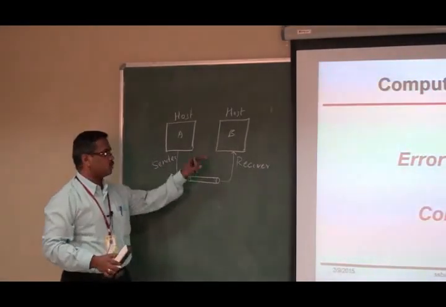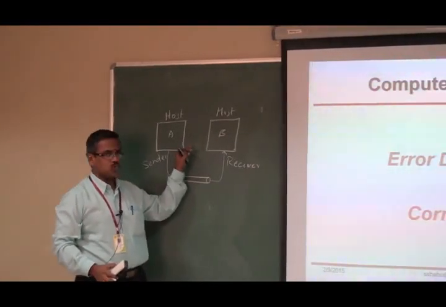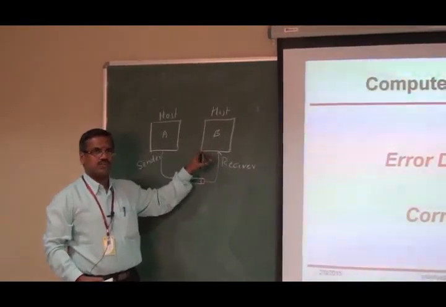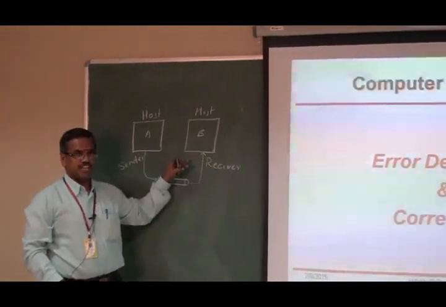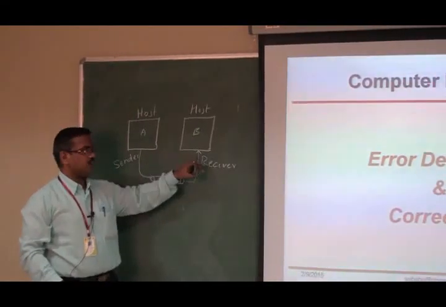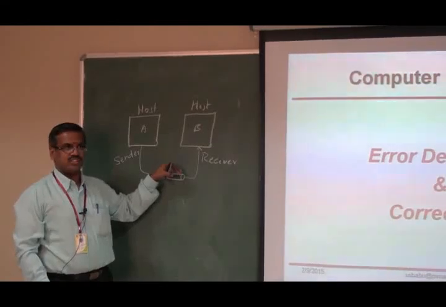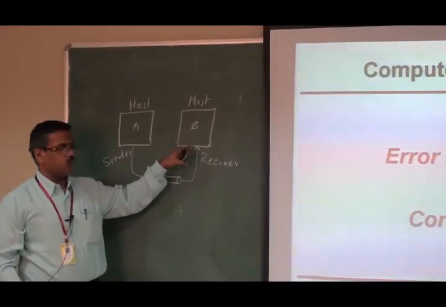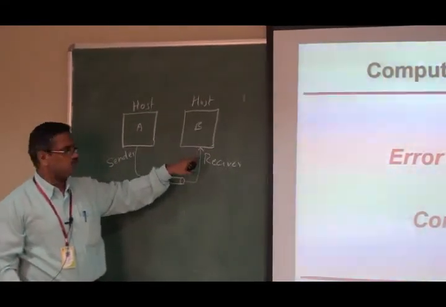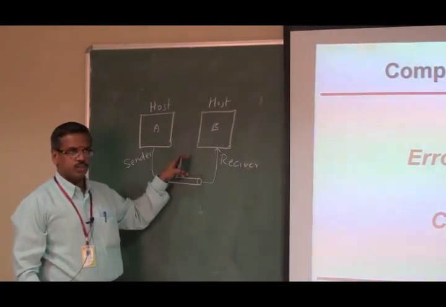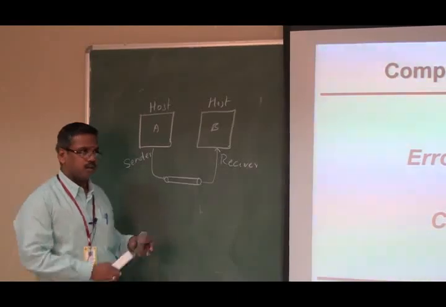So suppose we have two computers, host A and host B. These two computers or systems can transfer data or messages from one computer to another. The system which sends the data or message is called the sender, and the computer which receives the data is called the receiver. These two computers communicate through a channel or medium.